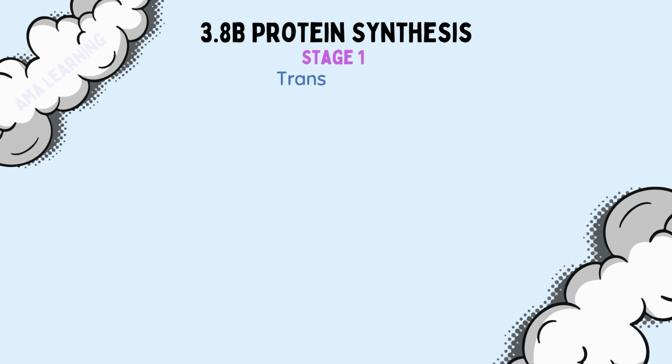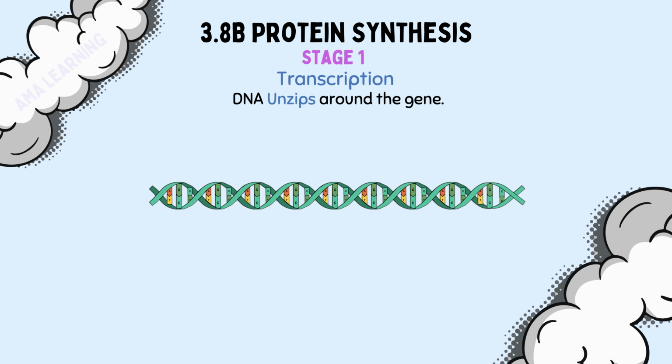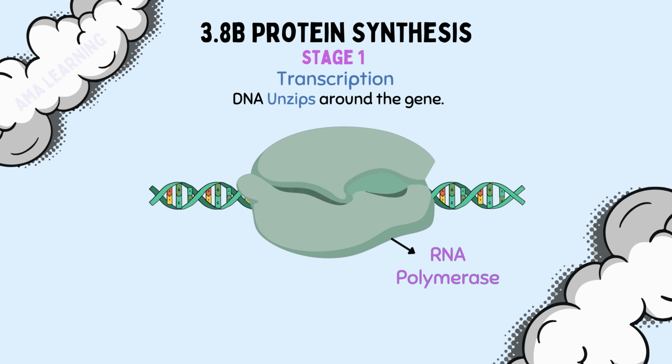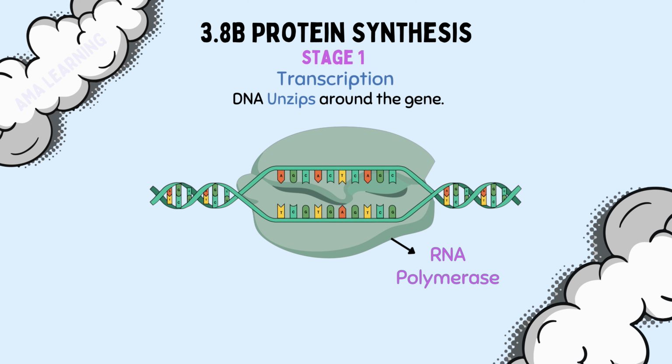Stage 1 is transcription. This is when DNA unzips around the gene. The DNA strand unwinds around the gene that codes for a particular protein. The enzyme RNA polymerase binds to the non-coding DNA located in front of the gene.